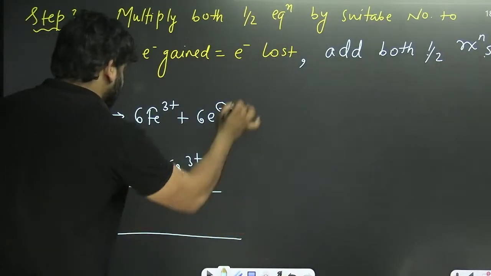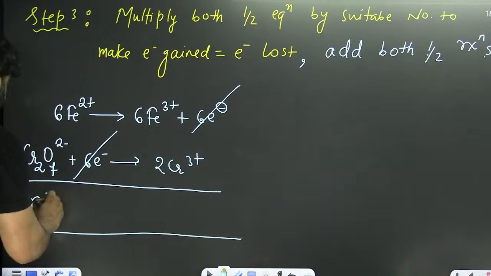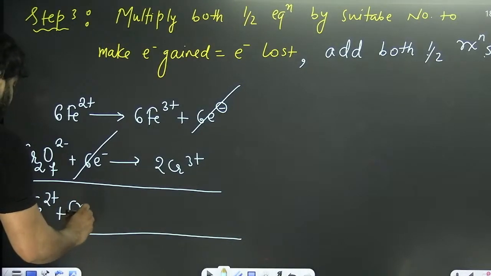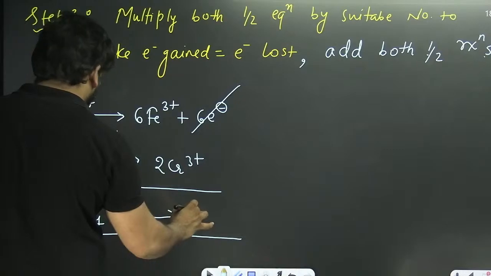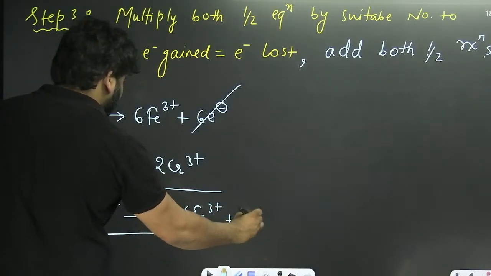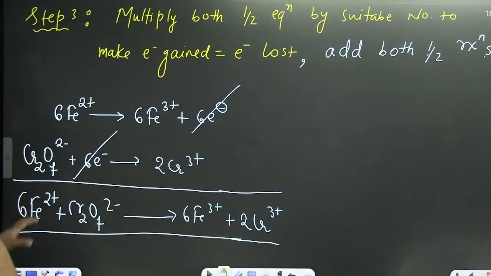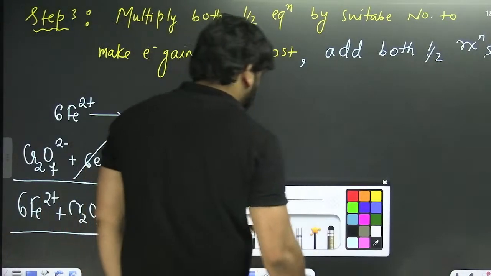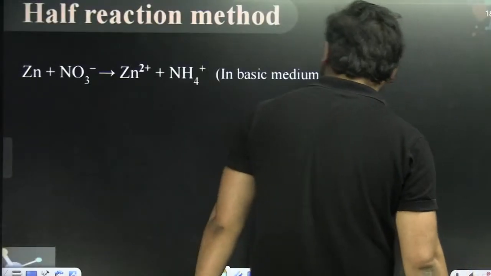On adding, the 6 electrons cancel out. It will become simply 6 Fe2 plus plus Cr2O7 2 minus gives you 6 Fe3 plus plus 2 Cr3 plus. This is what it has become now. This is your step number 3. Now comes step number 4.